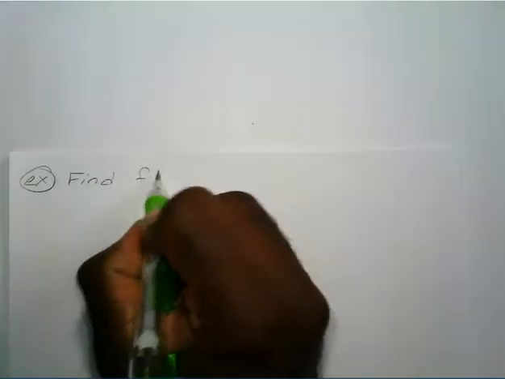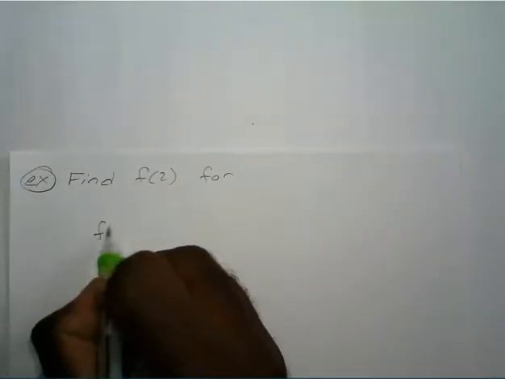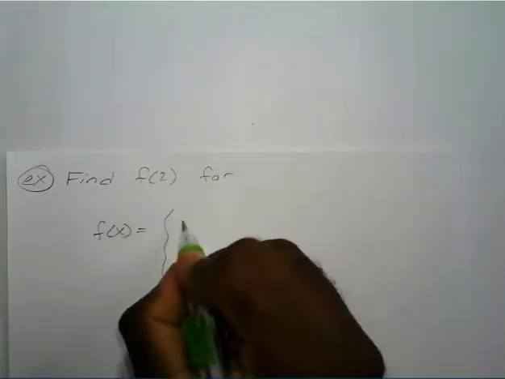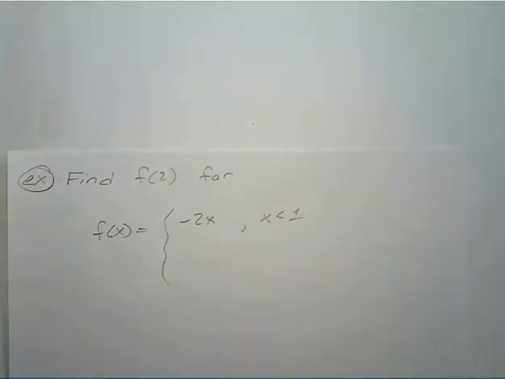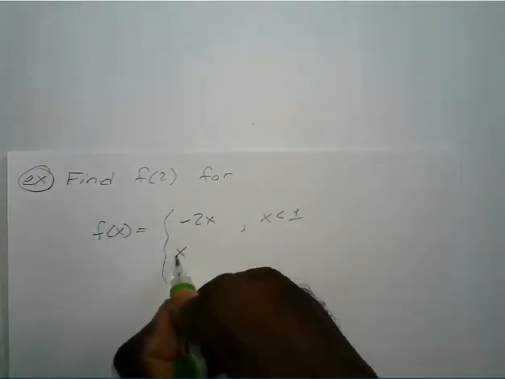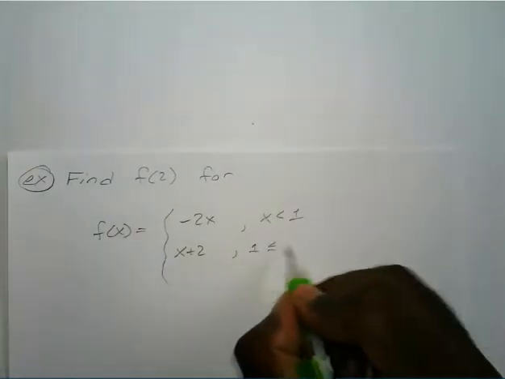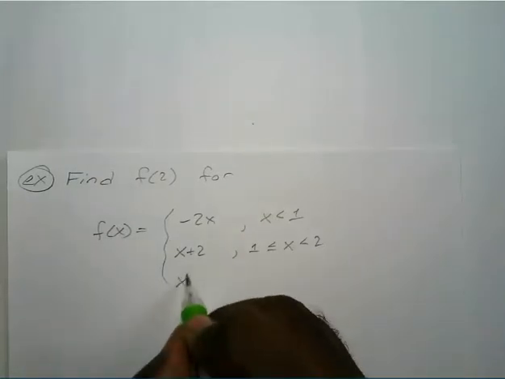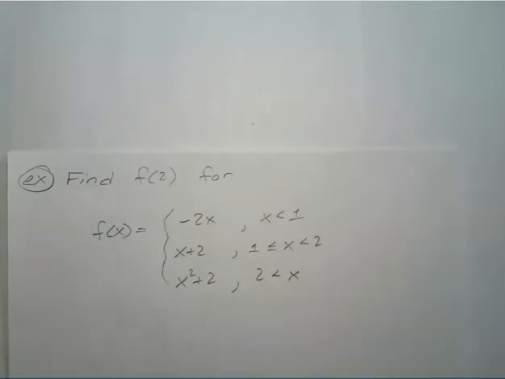All right. So what if we wanted to find f of 2 for, say, f of x equals negative 2x when x is less than 1, x plus 2 when 1 is less than or equal to x, and x is less than 2, or x squared plus 2 when 2 is less than x.